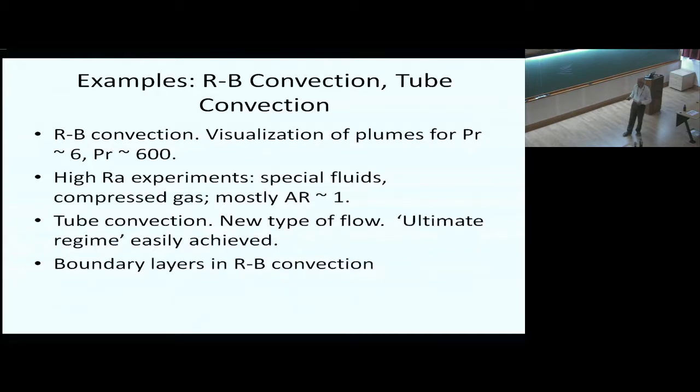But in many senses, it's very different. And so you get much higher fluxes and much stronger turbulence, much higher Reynolds numbers compared to Rayleigh Bernard convection, much more easily. And in fact, you can achieve this ultimate regime quite easily in tube convection.